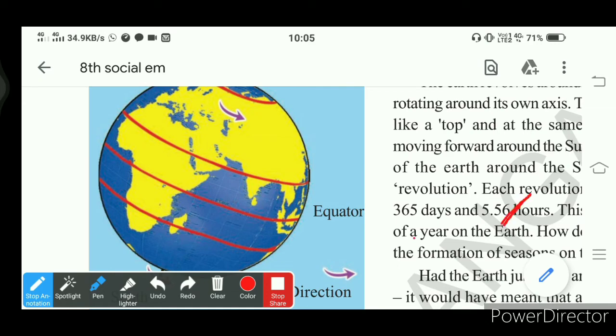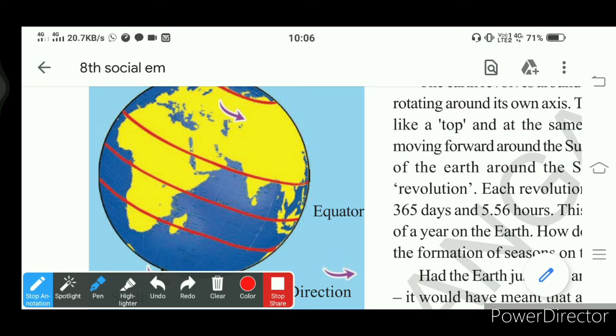So, further moving from this temperate belt, at the North Pole and South Pole, we see that here the sun does not shine vertically on that area.